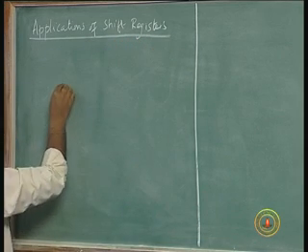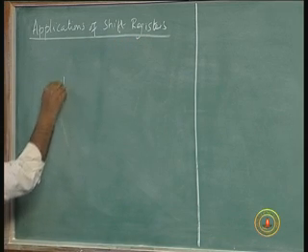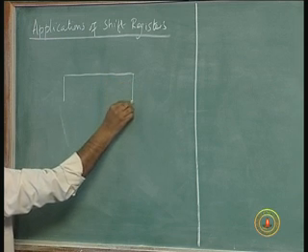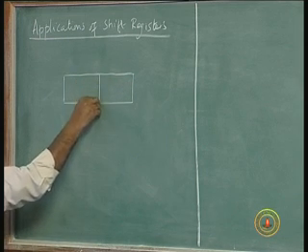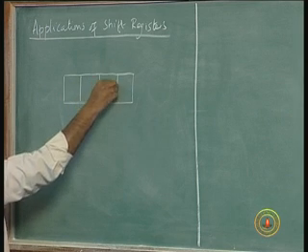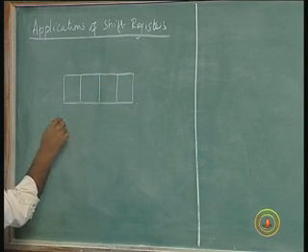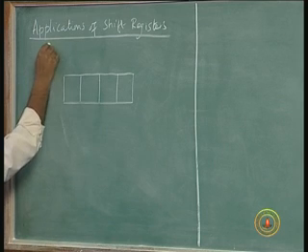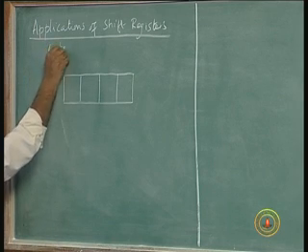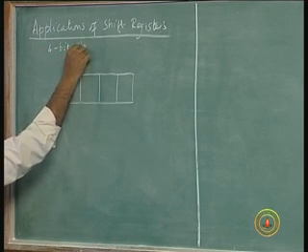So, let us for example take a 4-bit shift register with a shift right feature.